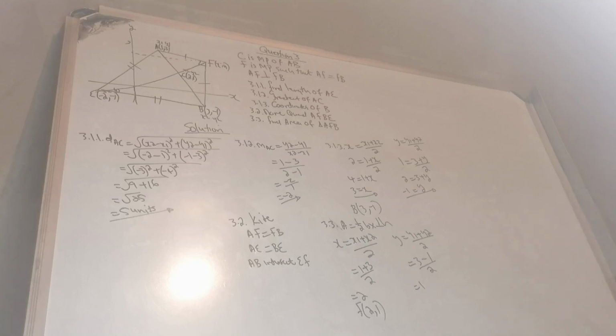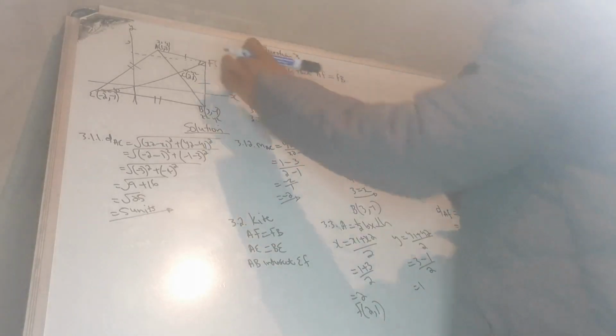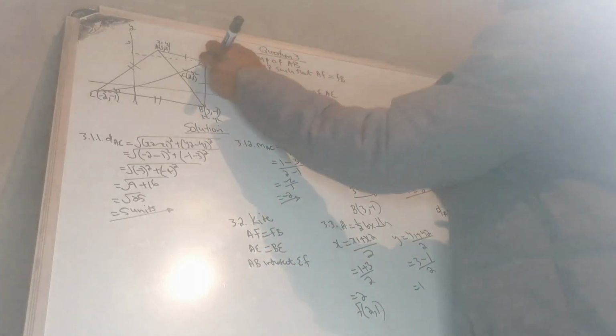Now we can say that the distance of AF is the square root of x2 minus x1 squared plus y2 minus y1 squared. Remember we are at AF with the coordinates 2 and 1.